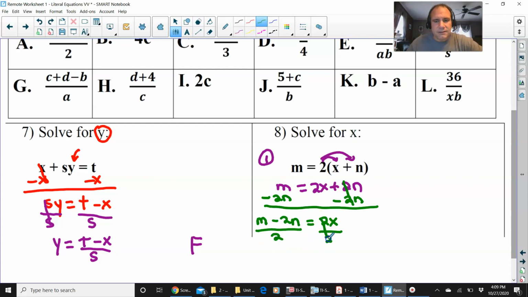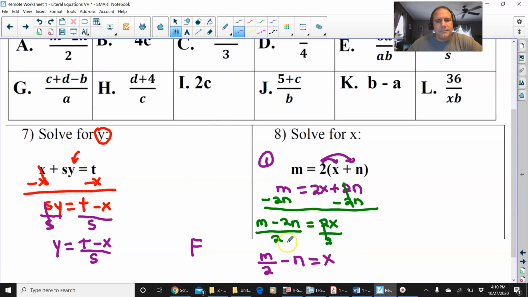So what happens here is that the M over 2, this is the division right here, and I'm going to put that as a fraction. Because this negative 2 divided by 2 turns out to be a negative 1, and negative 1 n, don't forget about that n. That negative 1 is there, but you don't need it because you have the n there. It's like a negative 1n, but you're not going to put it, because it's understood that there's a 1 in front of this n.